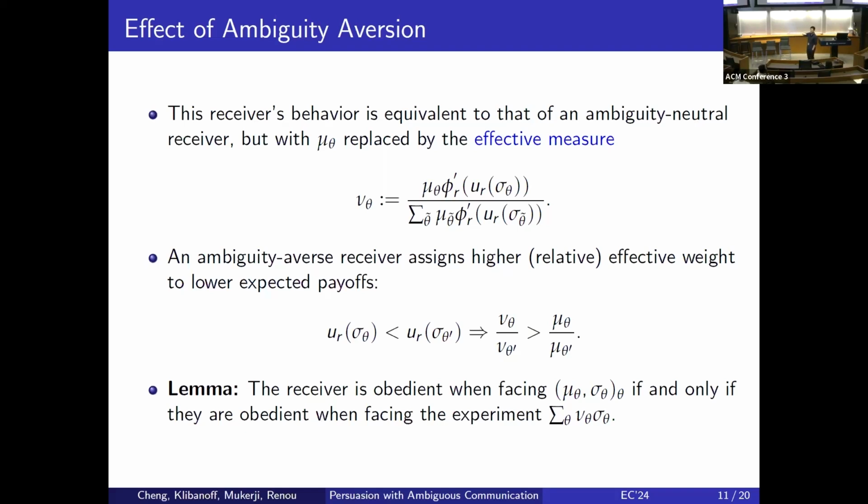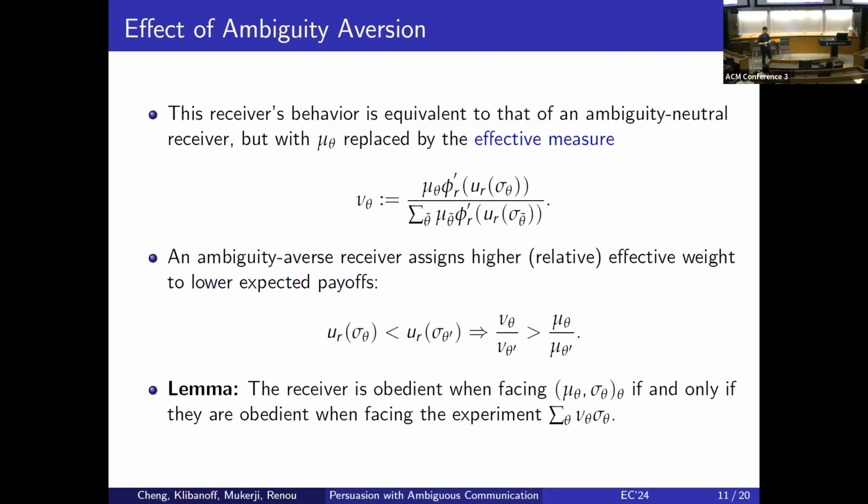Because phi r is concave, you realize that for experiments with a higher outcome, phi r prime is going to be lower, but for experiments with a lower outcome, phi r prime is going to be higher. So the effect of ambiguity aversion here is precisely that the receiver will assign relatively higher weight on those experiments which give them a lower payoff, and relatively less weight on those with a higher payoff.